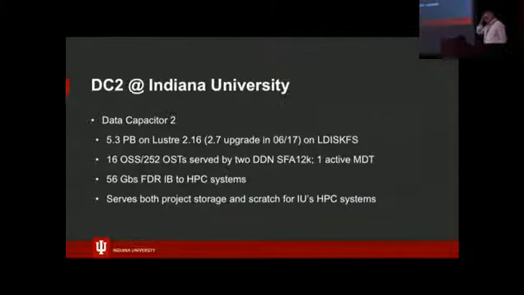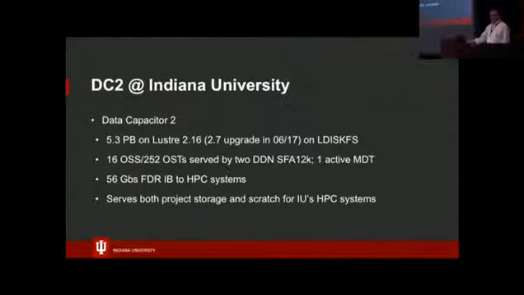So just to put some numbers on DC2, we've already seen a slide of it today, but it's a 5 petabyte file system. We'll pretty soon hopefully have that Lustre version upgraded to 2.7, but at the time that this has been in development, it's currently at 2.16, which is in part relevant to some features that we'd like to be able to make use of, but it is what it is.